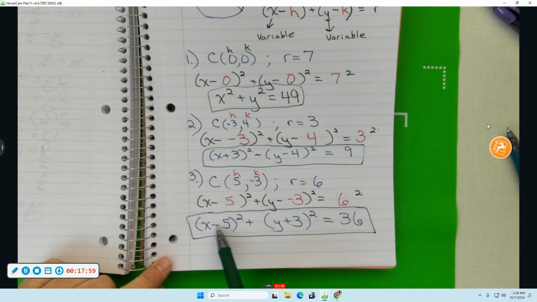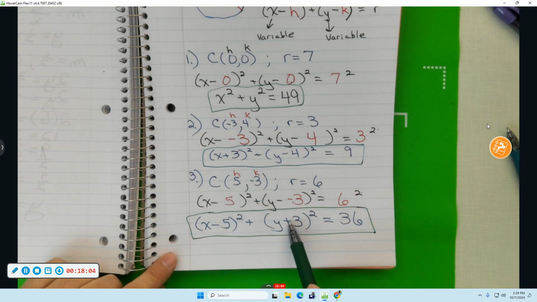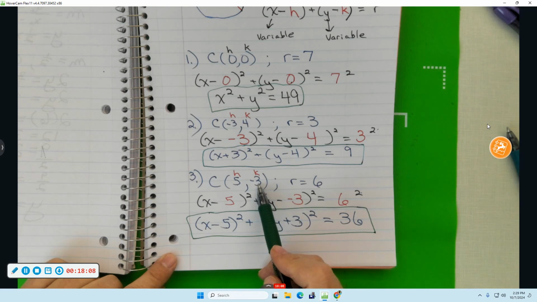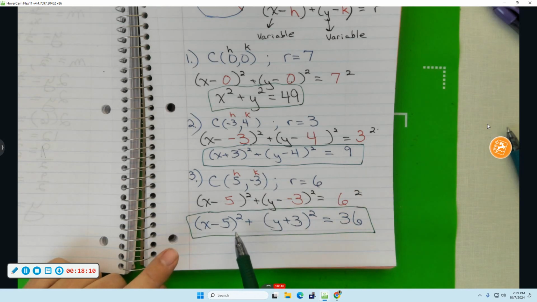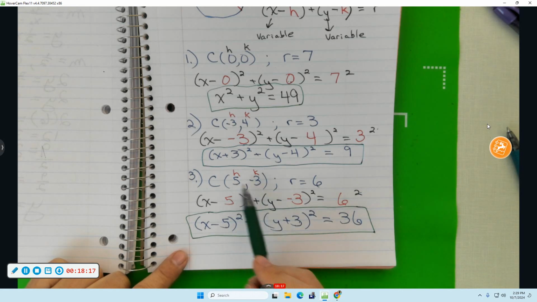I see a -5. Well, the X coordinate of the center is a +5. I see a +3. The Y coordinate of the center is a -3. So when you're going from center radius back to the center, what you see inside the parentheses is the opposite of the center. Change sign to get the center.